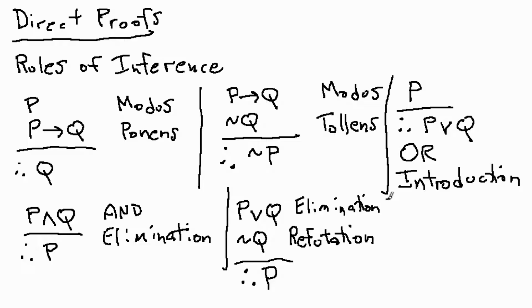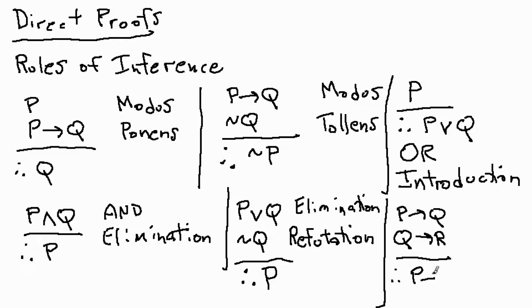Okay, and the last one should seem very obvious to you. If I were to tell you that P implies Q, and then I were to tell you that Q implies R, we can come over here and we can conclude that P implies R. And this is called transitivity.